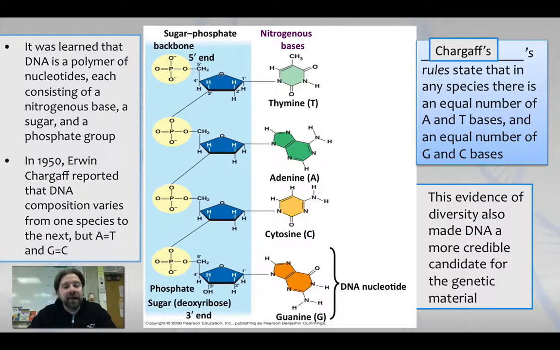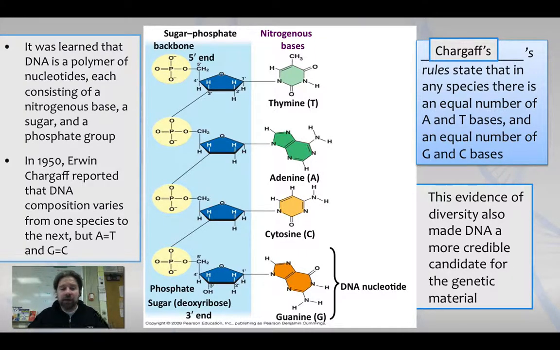Around the same time, in 1950, more experiments were done with compositional data of DNA from one species to the next. Erwin Chargaff, a scientist, did experiments where he analyzed the composition of DNA, and what he was able to show is that the composition changed from one species to the next. That is, not all species had the same amount of A's and T's versus G's and C's.